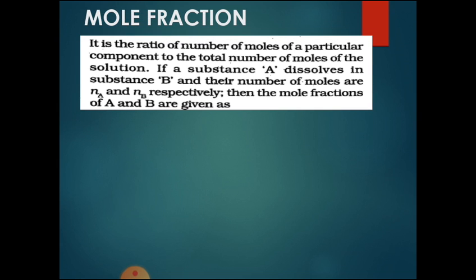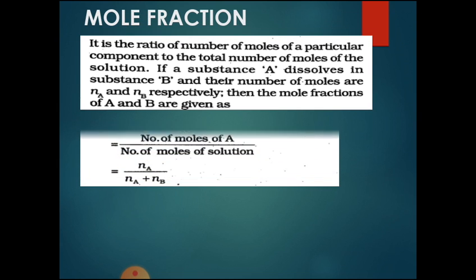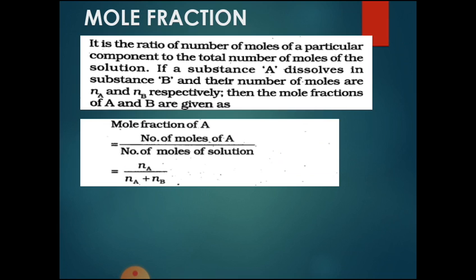So when we are asked to write the mole fraction of A, it is the number of moles of A divided by the number of moles of solution. In symbols, we write Na divided by Na plus Nb.